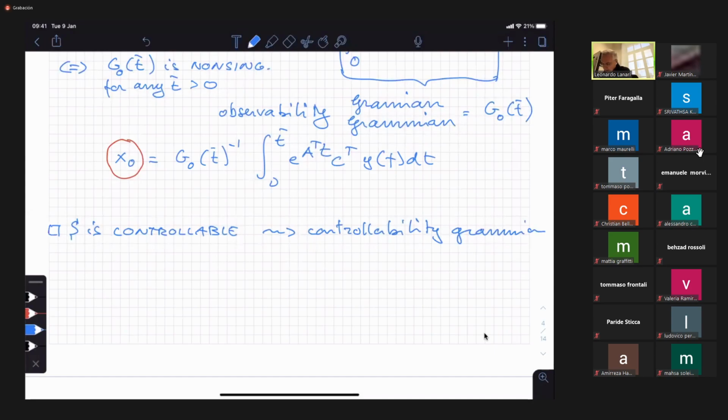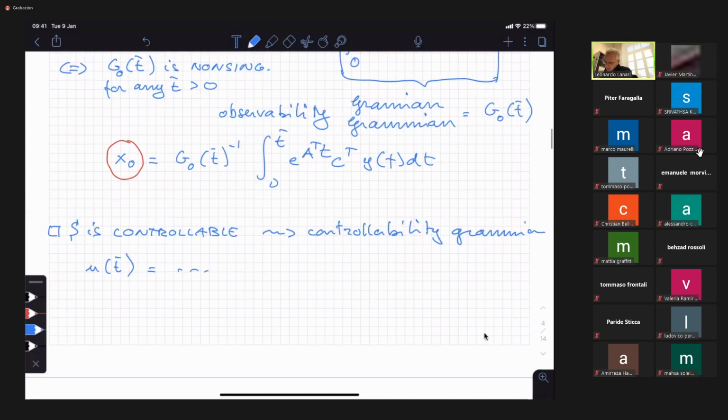And it is possible to find explicitly, in a very similar way, the input that drives the initial state from x0 to xa in t seconds. So these are dual results.